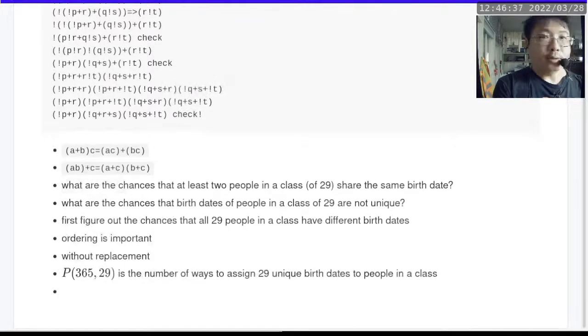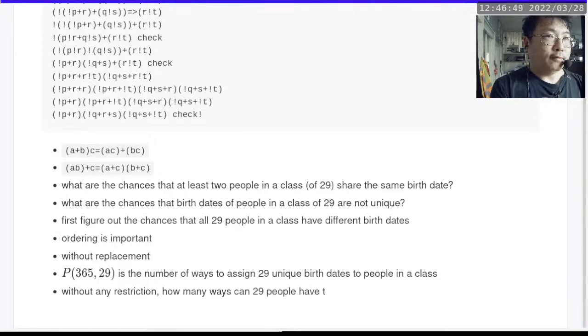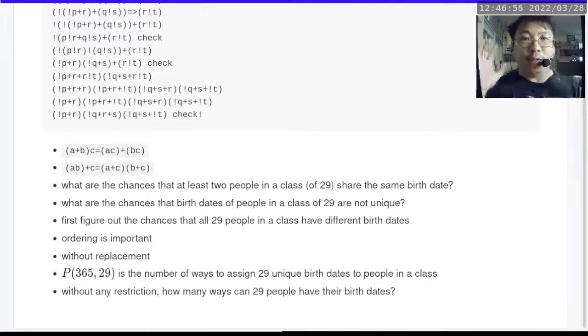So now the question is, without any restriction, how many ways can 29 people have their birth dates? That becomes the next question, right? If I don't say any restriction, like at least 2 people must have the same birth date, or everybody must have unique birthdays or whatnot, you have 29 people.